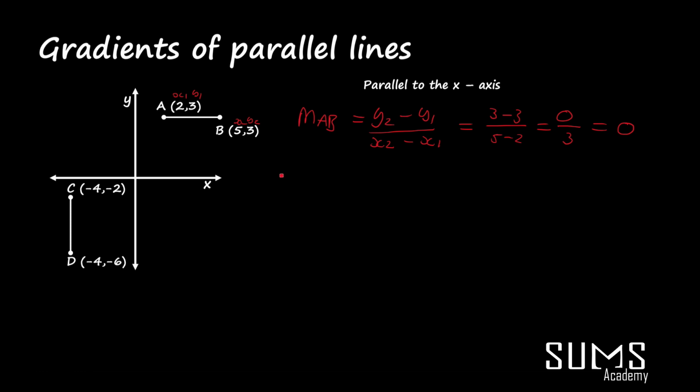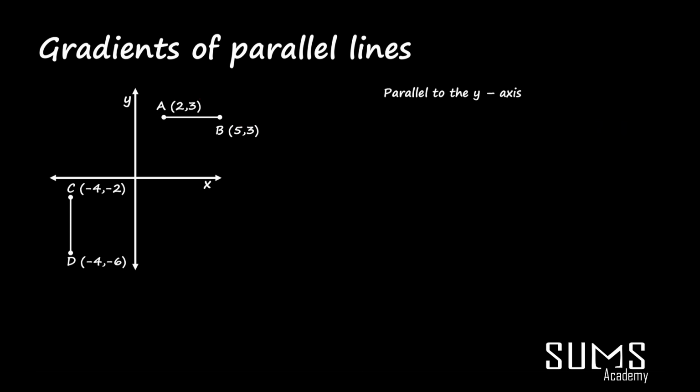But what about if you take an example like the y-axis? How would this be different? Okay, so for the y-axis, again, we'll start with our gradient formula. m of CD, which is this vertical line that's parallel to the y-axis, equals y2 minus y1 all over x2 minus x1.